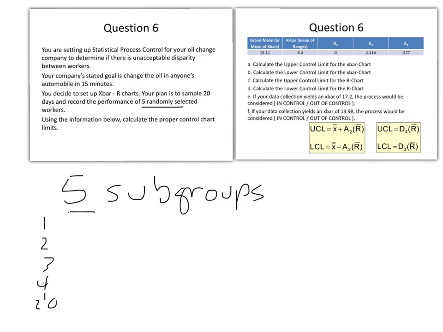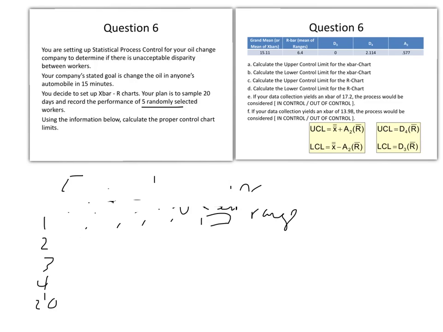And then across here you'd have worker 1, 2, 3, 4, and 5. And you'd have some result in each one of these and calculate an average, an X bar, and a range for each of the observations here. So that's what all of that would look like, just for background here.